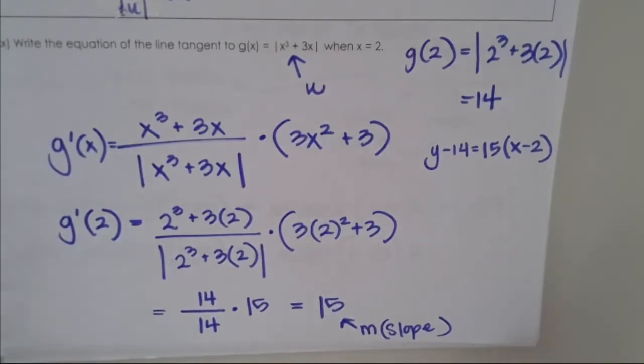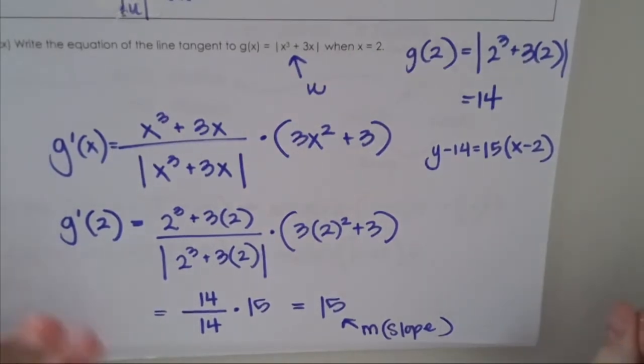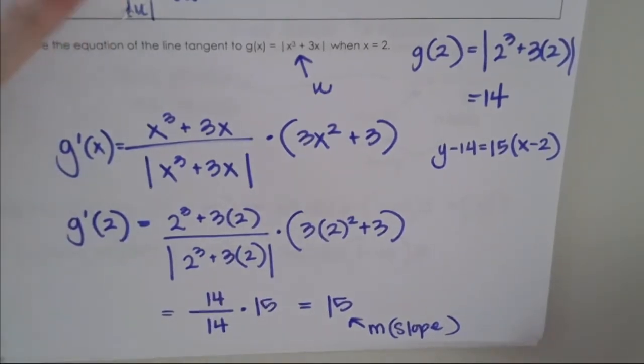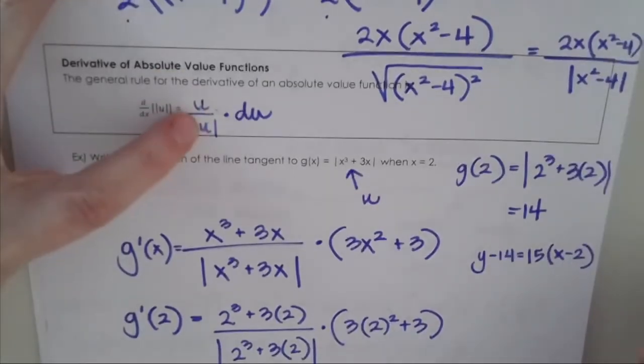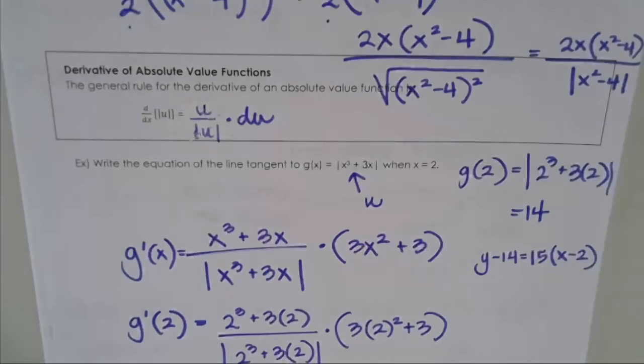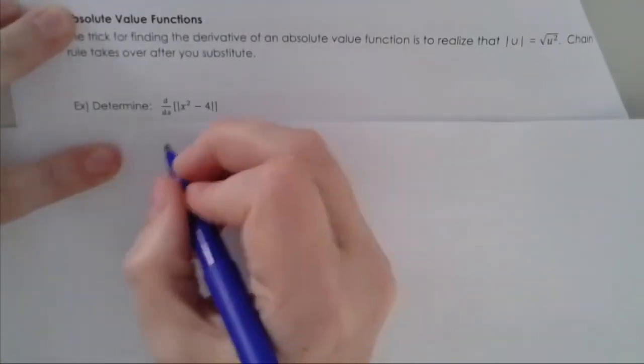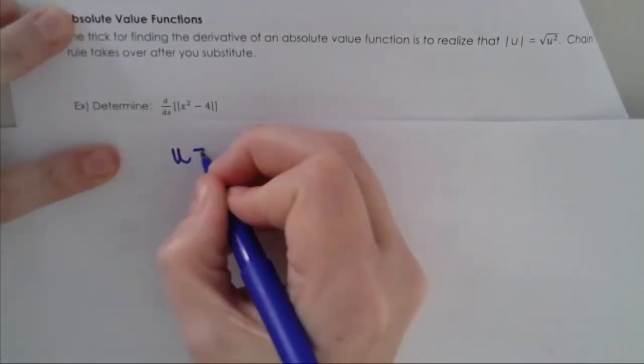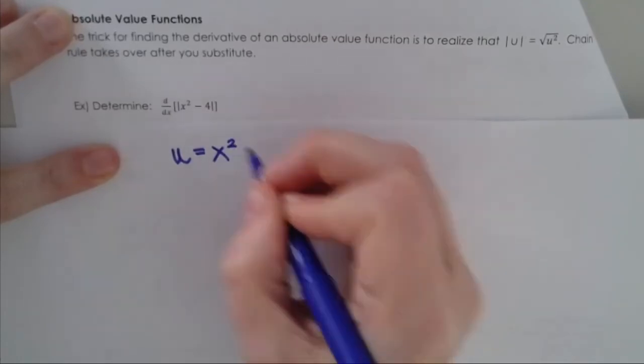Now, I want you to look back at number 2 and see if this derivative rule that I just showed you, u over absolute value of u times du, works. So I'm going to look at this right here. My u would be x squared minus 4.